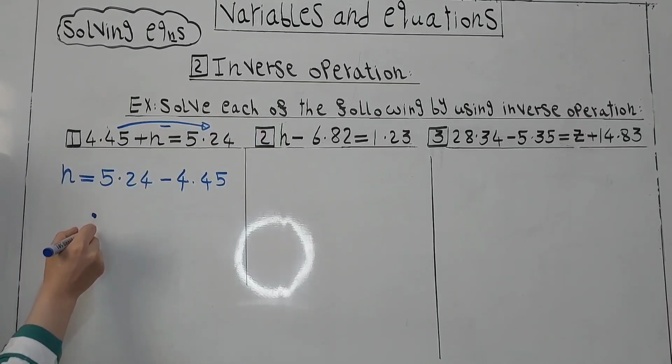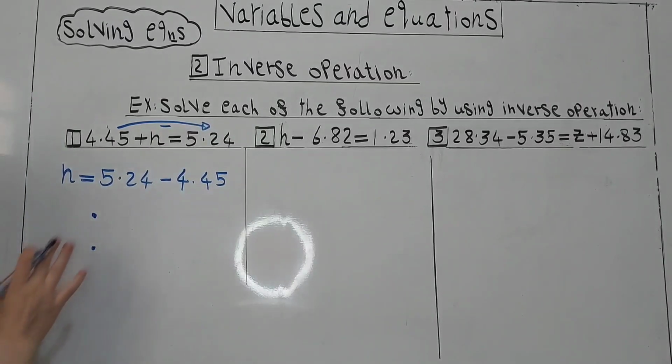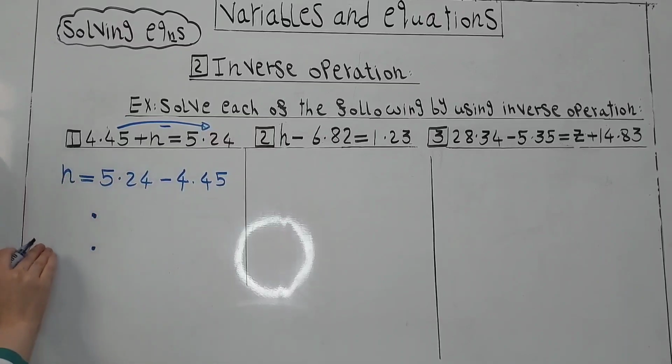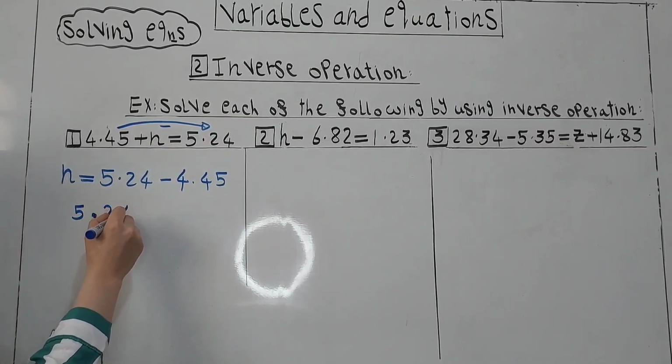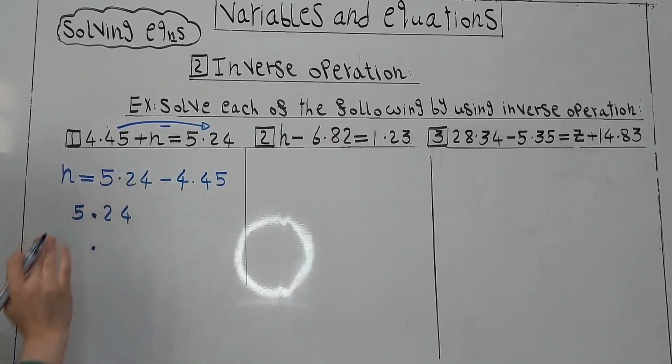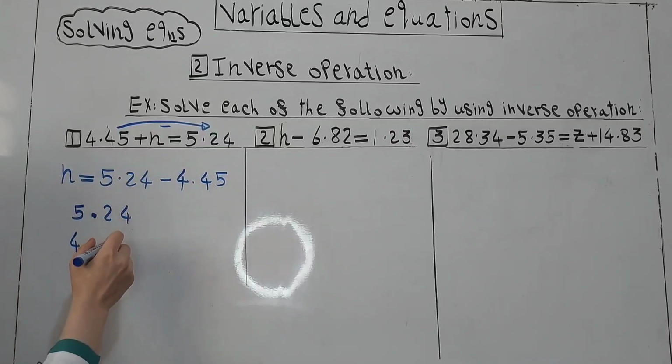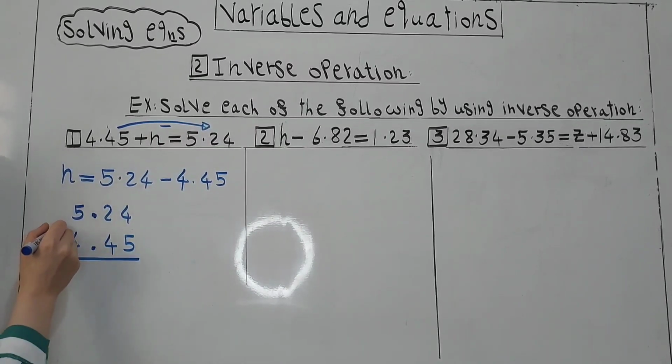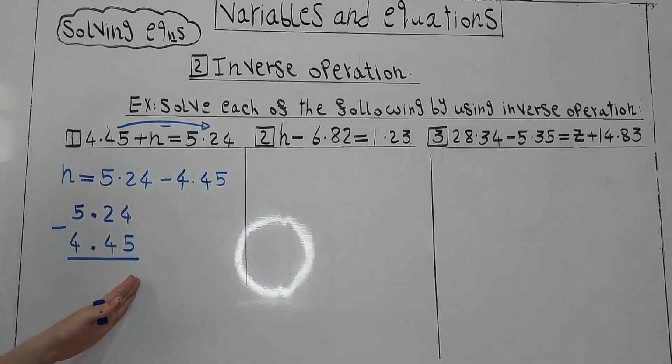We put the decimal point above the decimal point. The minuend, at the left we found 5. At the right we found 2, then 4. The subtrahend, at the left we found 4. At the right we found 4, then 5. We need to get the difference. We start from the right and go to the left.